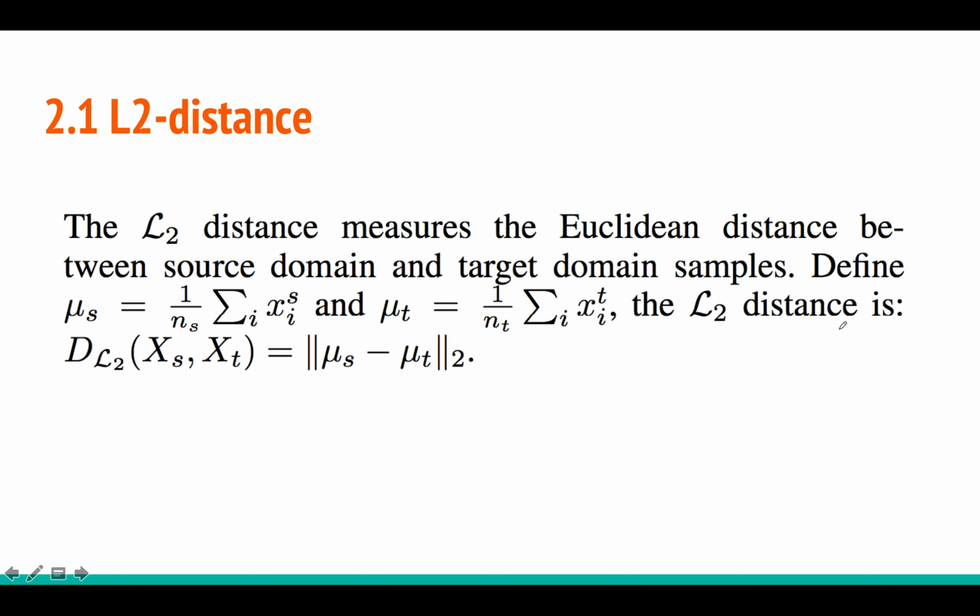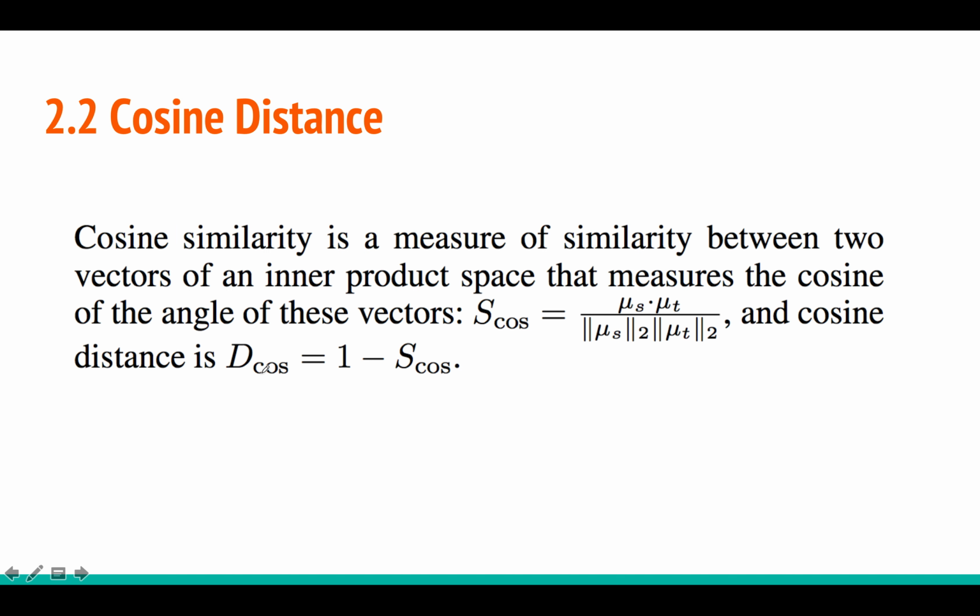Now let's go into detail and understand what these distances are. I don't have to explain L2 distance, very simple. You compute the mean of the source data and the mean of the target data, and you take the L2 norm of the difference of these two vectors, and you get the L2 distance. And cosine distance, very simple. You take the mean of the source and the mean of the target, and compute the cosine similarity of these two vectors.